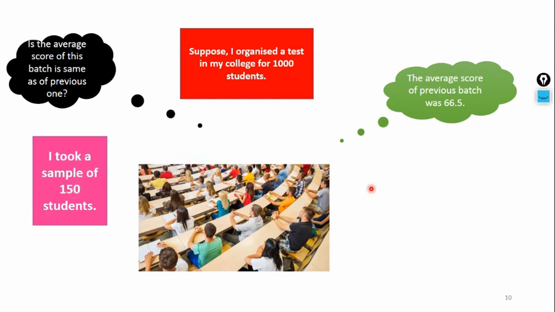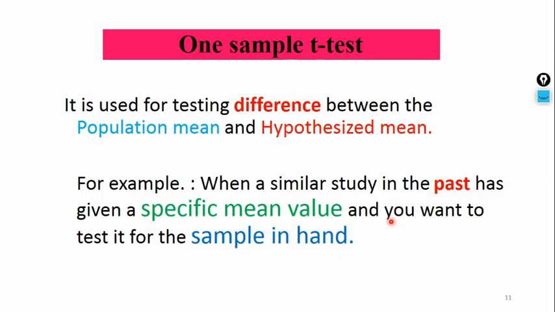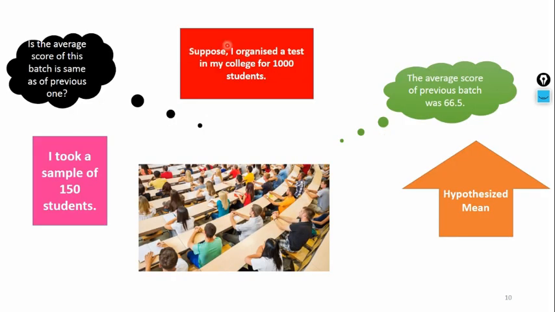In this case, this 66.5 with which I would like to compare will be called the hypothesized mean. One sample t-test is used for testing the difference between the population mean and the hypothesized mean. Here, I would like to compare the mean of these 1000 students with 66.5, but I will not work on 1000 students.